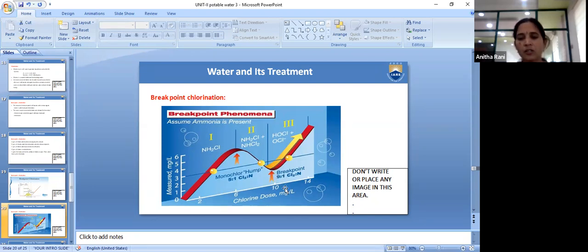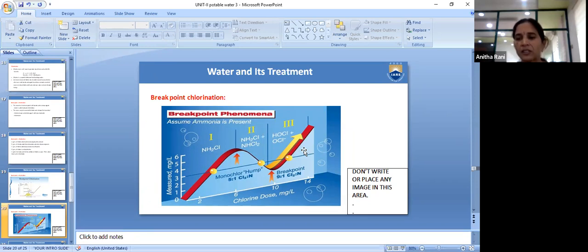After that, when we are adding 11 milligrams, 12 milligrams, 13 milligrams of chlorine, you can see the curve is increasing again. The curve increasing means excess chlorine is there in water. We have no need for that chlorine now, because all the bacteria are killed.